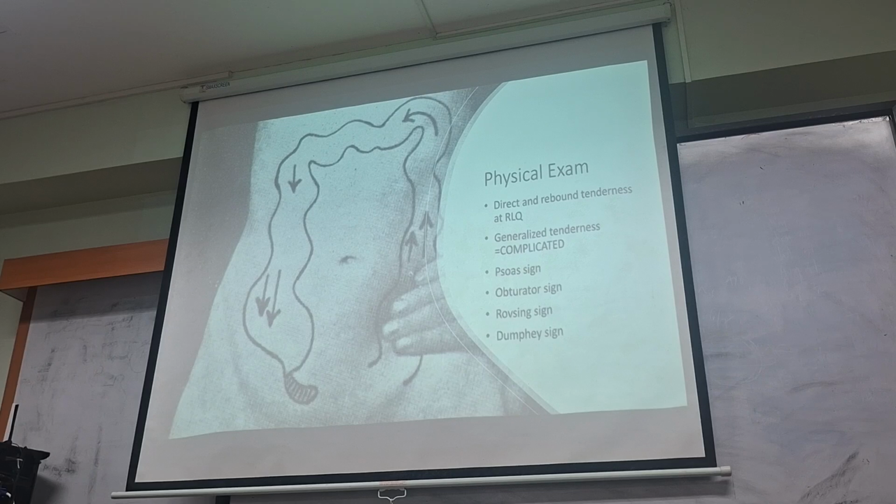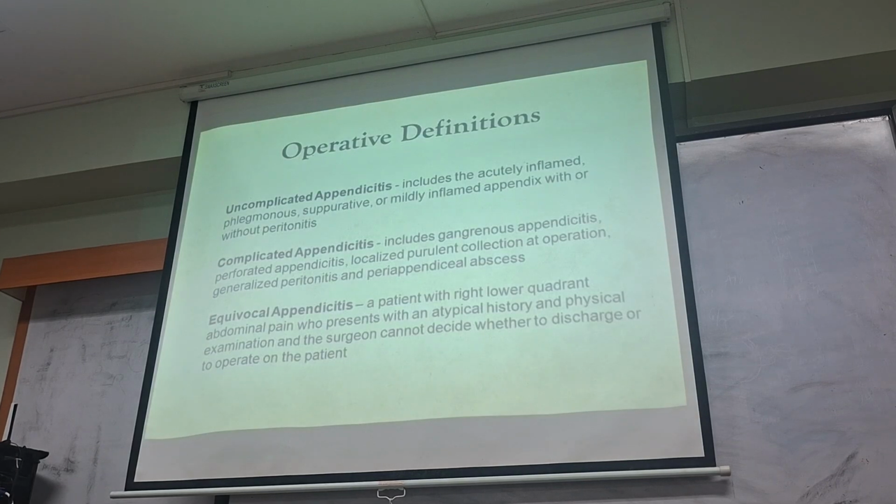So there are many signs. Actually, there are still more signs. There are a lot. So if a patient is uncomplicated, it can either be congestive or suppurative. It's complicated if it's gangrenous or ruptured.